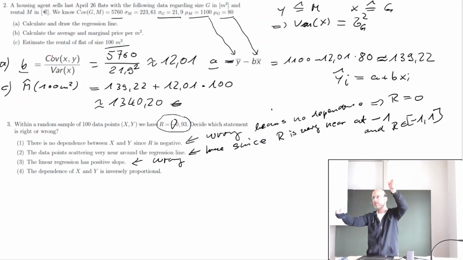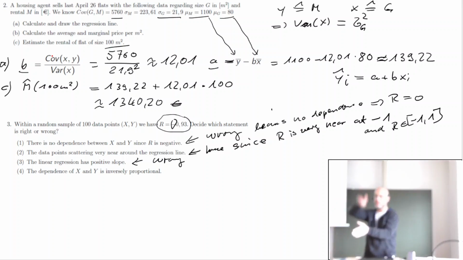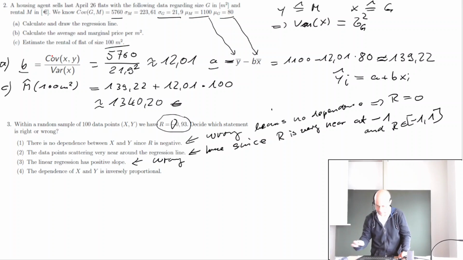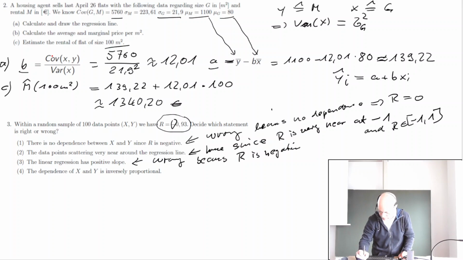If we go with the left side a bit higher, then this means that we have a negative correlation, that if we increase x, then we go down with y. Wrong, because R is negative, and therefore the regression line has to have a negative slope.